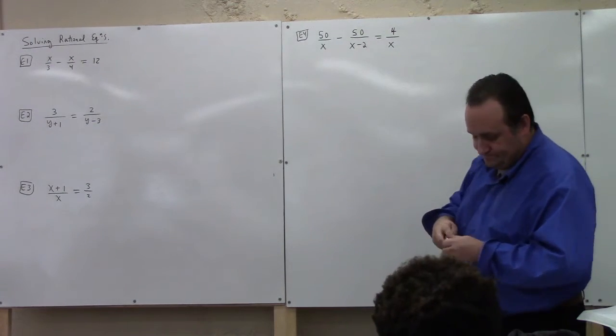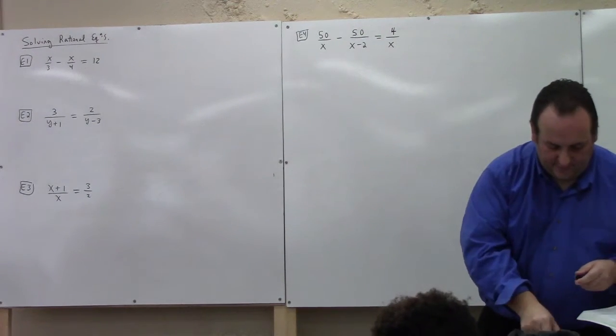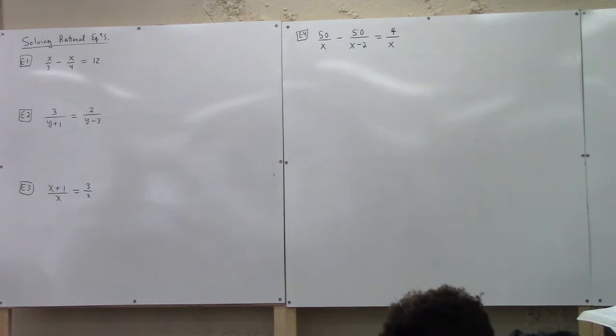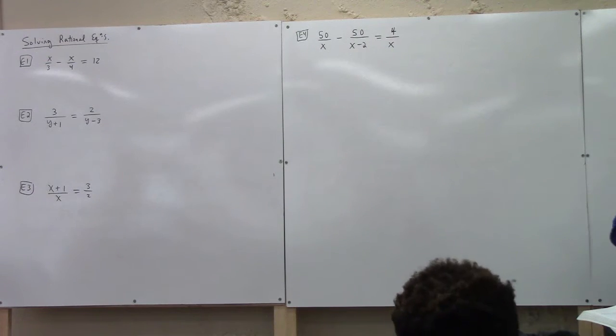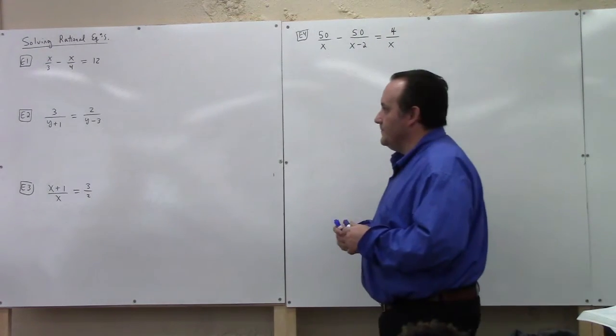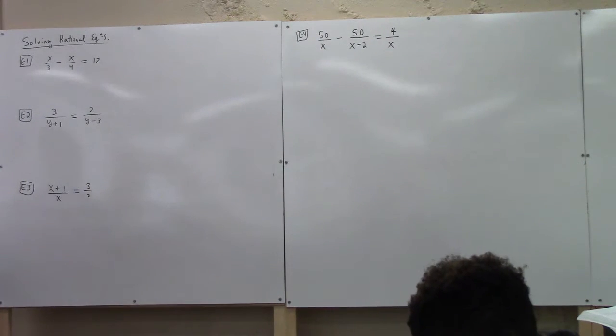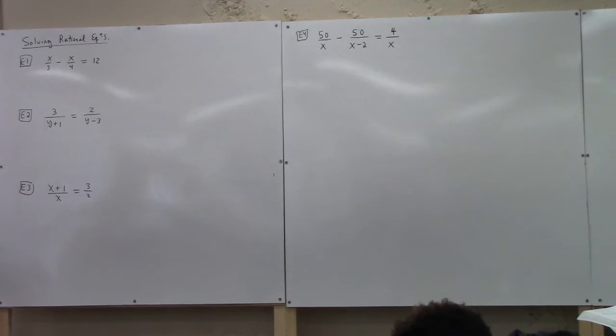So what do you guys think about example 1? What should we do? Find the common denominator of 3 and 4? Yeah. What would that be? 12, right? So we certainly could do that.